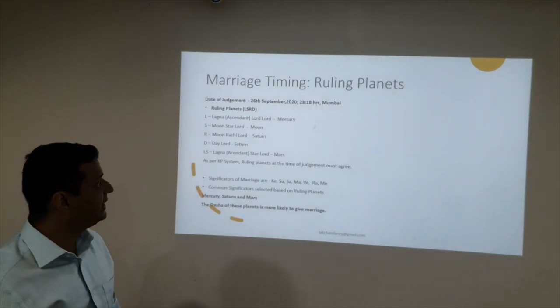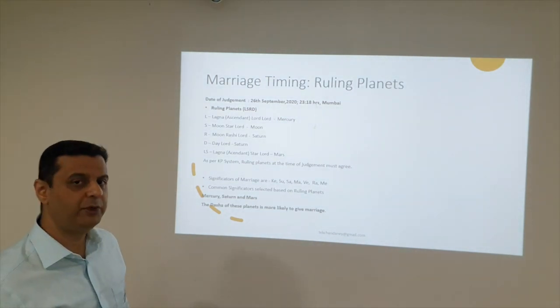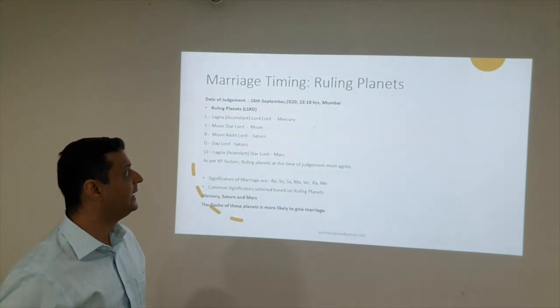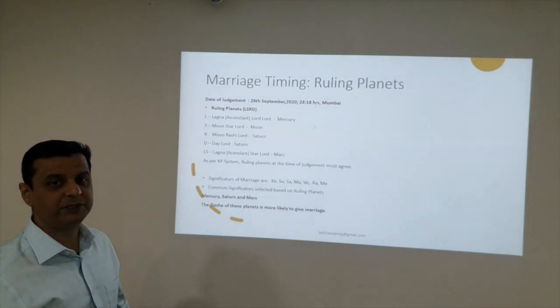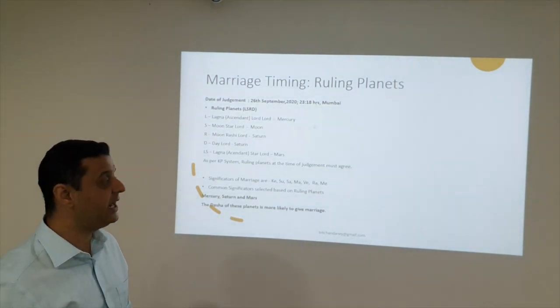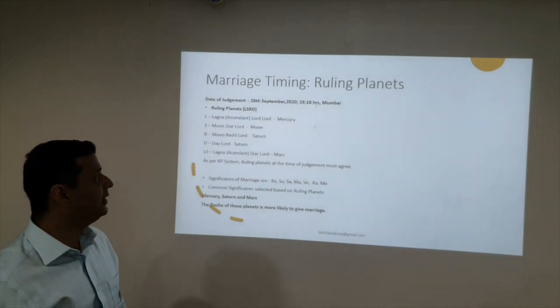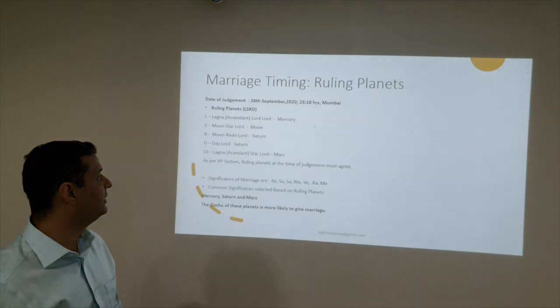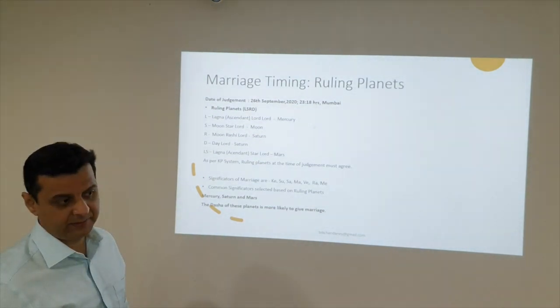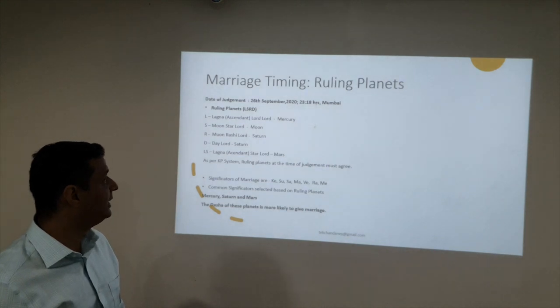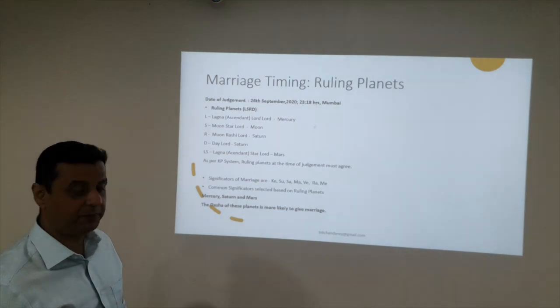The date of judgment, that is the date at which the prediction was made, was 26th September 2020, and the time of prediction was 23:18 hours. The place of prediction was Mumbai, and the ruling planets at that time were: the Lagna rising, or the ascendant, was Mercury.